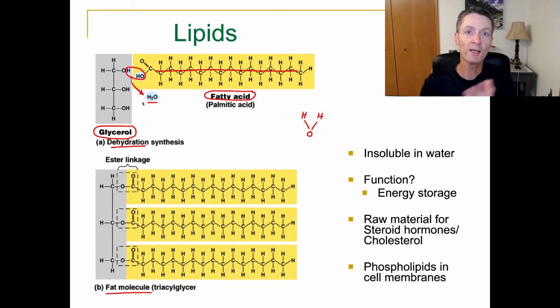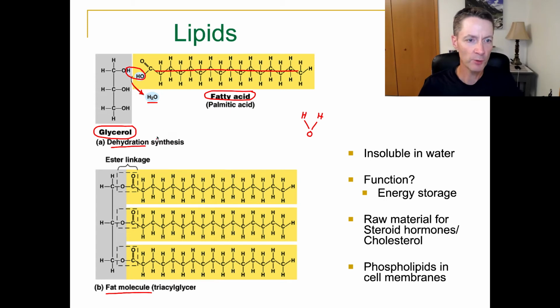Because water is lost in this event, we call it dehydration synthesis, right? This is pretty common when two molecules come together. We often see this OH group and another hydrogen bud off as a water molecule.